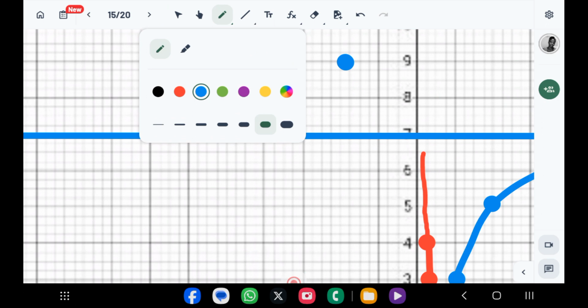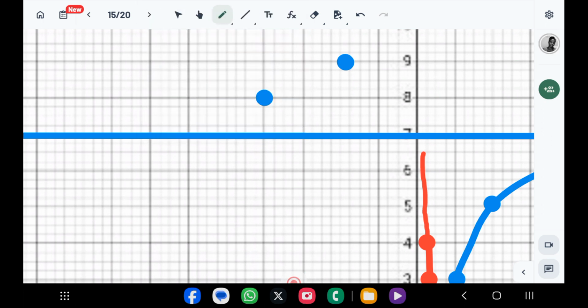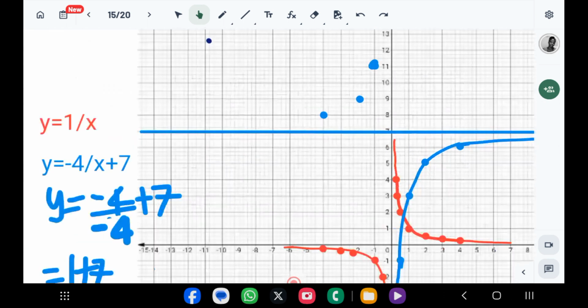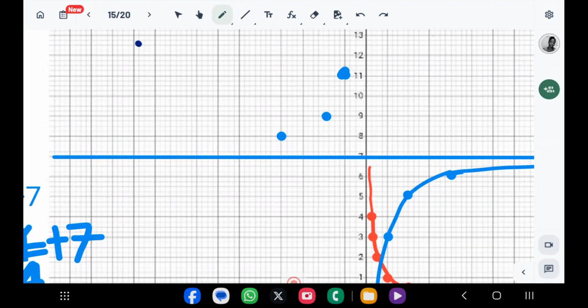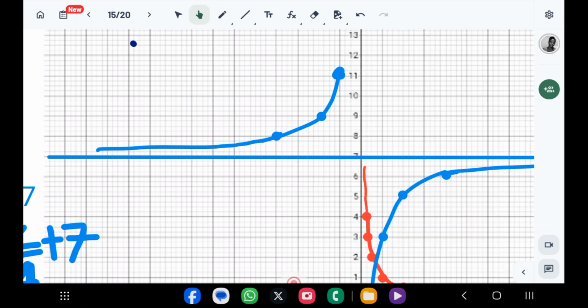Now let's connect the dots. Oh, sorry about that. Let's connect the dots. And then the tails. There is the tail. On the other side, the tail goes like that.